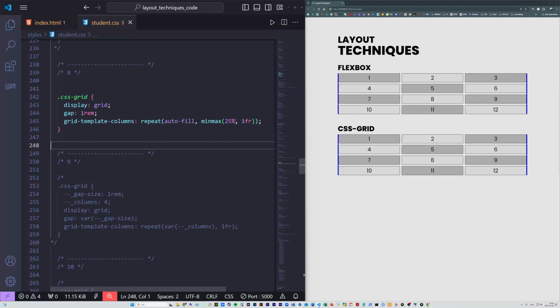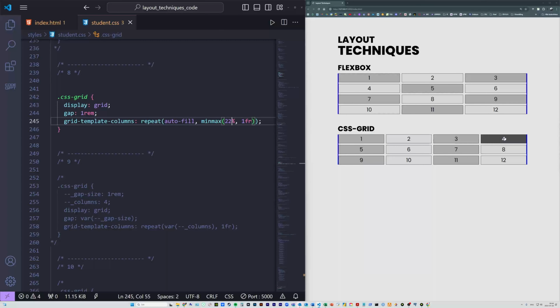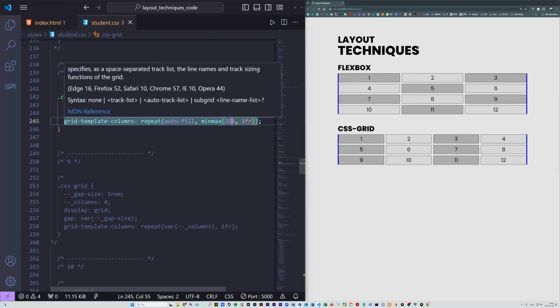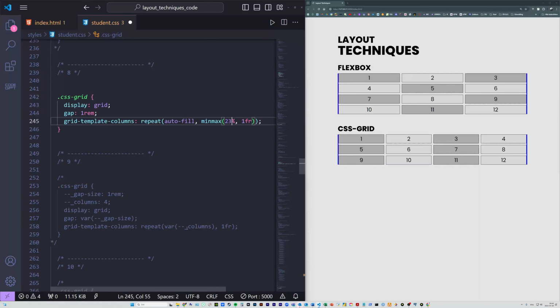But we said here the minimum possible value would be 25%. Well, the problem is we cannot have 25% for the same reason as up here. We could possibly get something very close to it by tuning it like this and saying, well, at least we can go 23%.